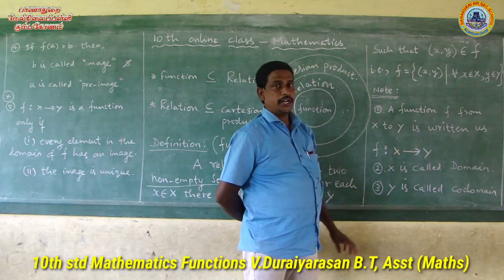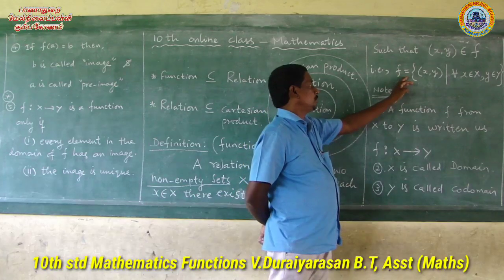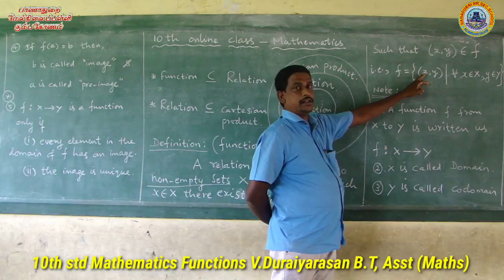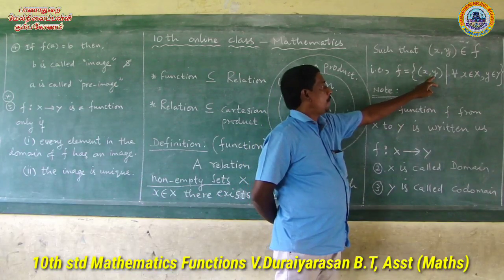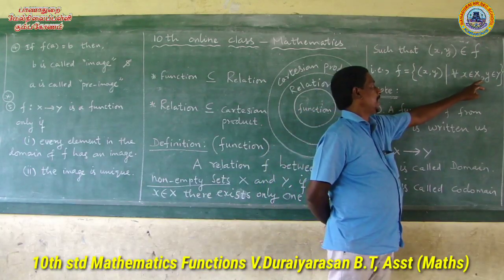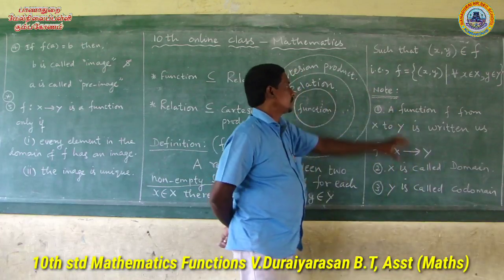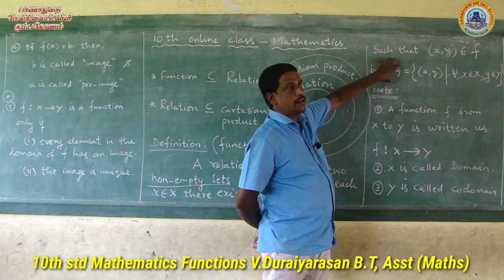It is denoted mathematically as f = the set of all (x, y) such that x belongs to capital X, y belongs to capital Y. This is the definition for function.